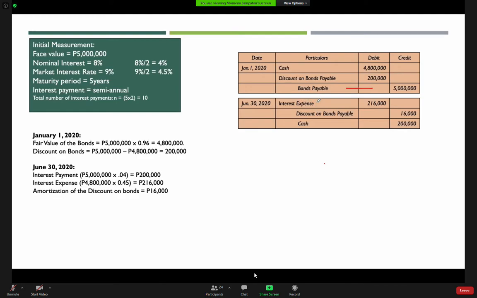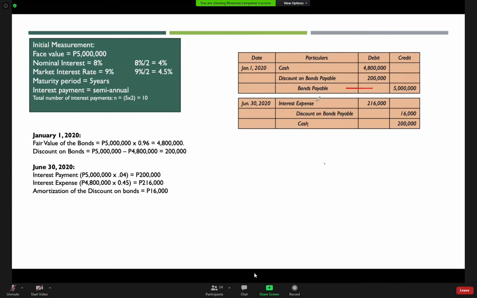So your interest expense is composed of both the amortization of the discount and the actual interest paid. Yung actual interest paid is based on the nominal interest. Okay, so that is the nominal interest multiplied by the face value of the bond. That is the actual interest or yung actual cash flow na babayaran ng company.